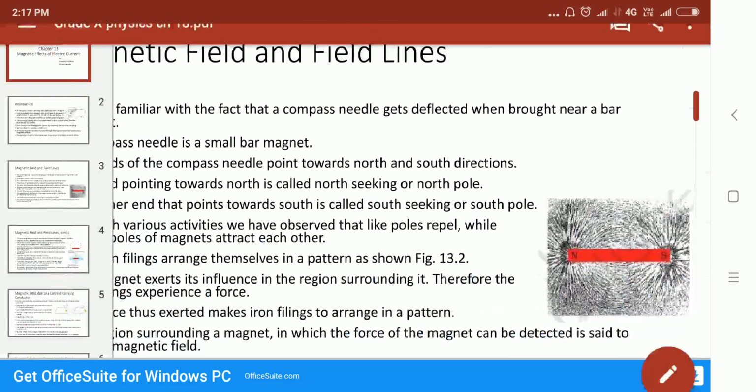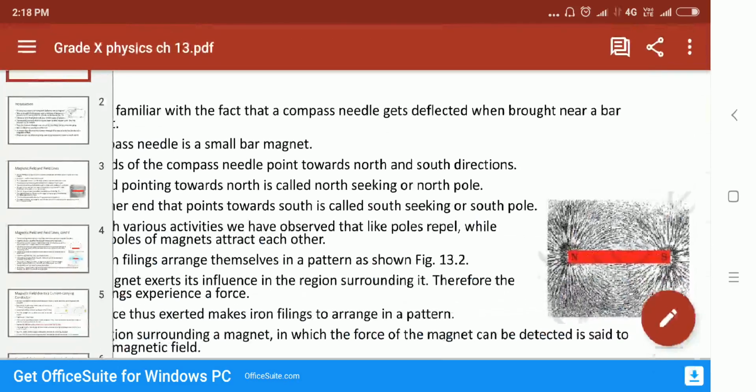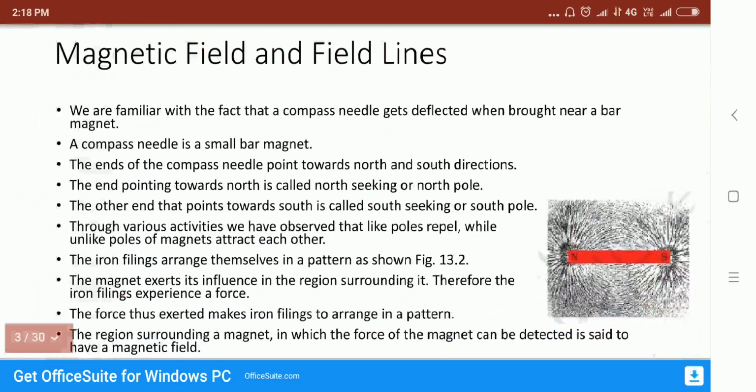Now to understand the magnetic field and magnetic field lines, let us do one more exercise. As we know, a magnetic needle gets deflected when a bar magnet is near it. The bar magnet has a north and south pole.